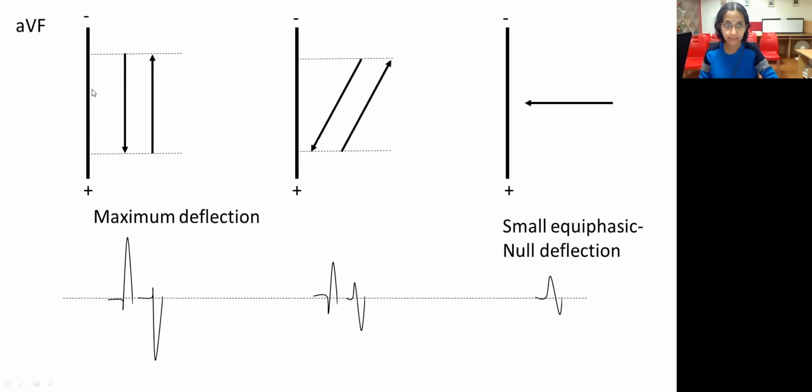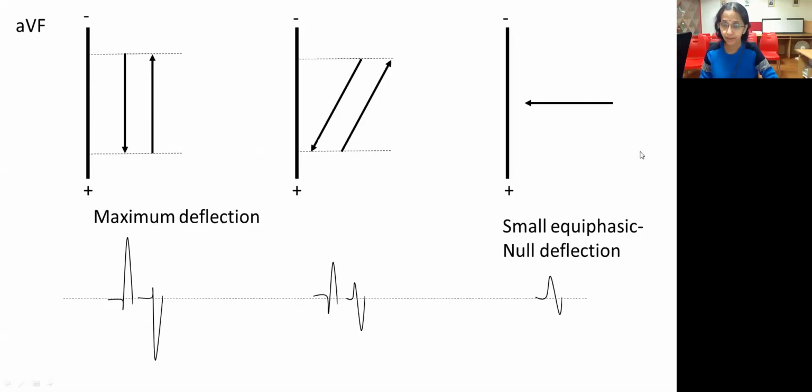And if you have it towards the negative pole, then you will have a negative QRS complex in AVF, but you will have maximum deflection in that direction. Whereas if my QRS axis is a little tilted, then it's going to be a mixed picture of positive and negative components of QRS complexes.